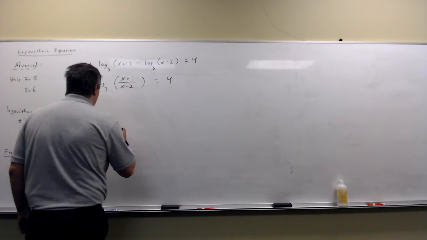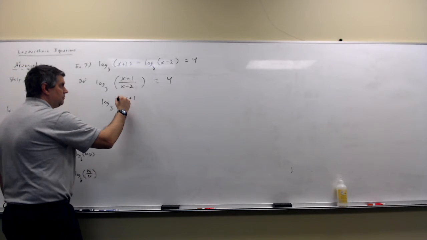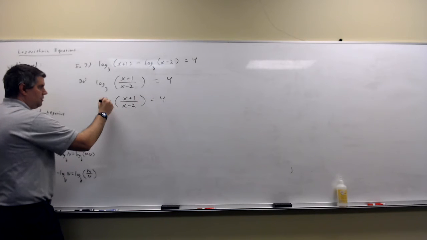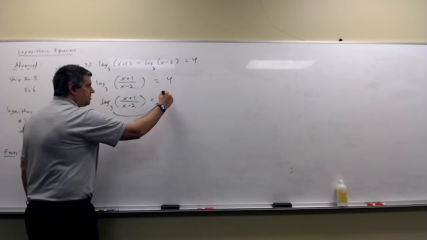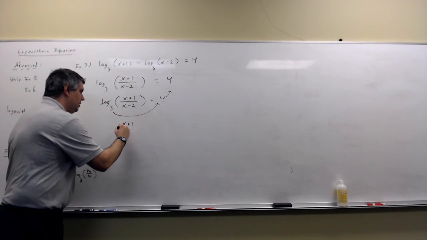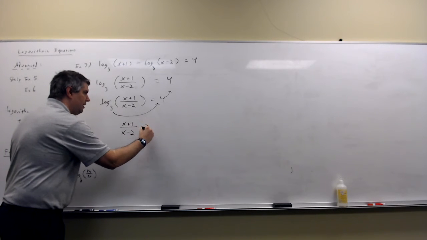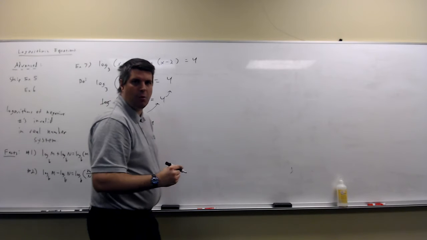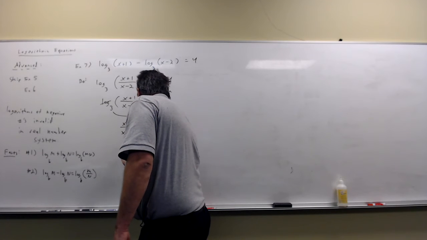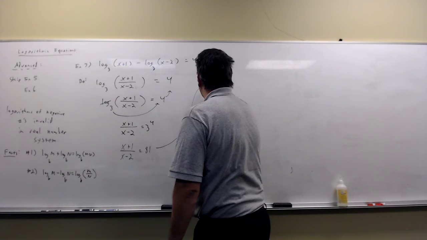So, I'm now going to dump the log. Dump the log, move the base 3 to the other side, the 4 goes in the exponent. So x plus 1 over x minus 2 equals base 3 to the 4th, which is 81. Go ahead and copy it over here.